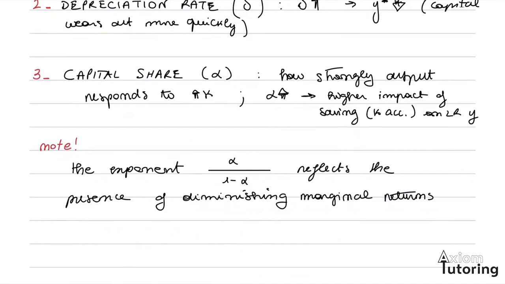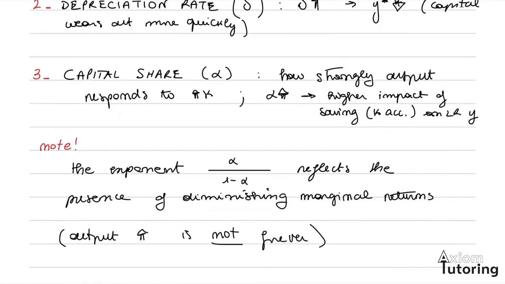So, of course, capital accumulation is going to raise output, but we know that the output increase is not forever.